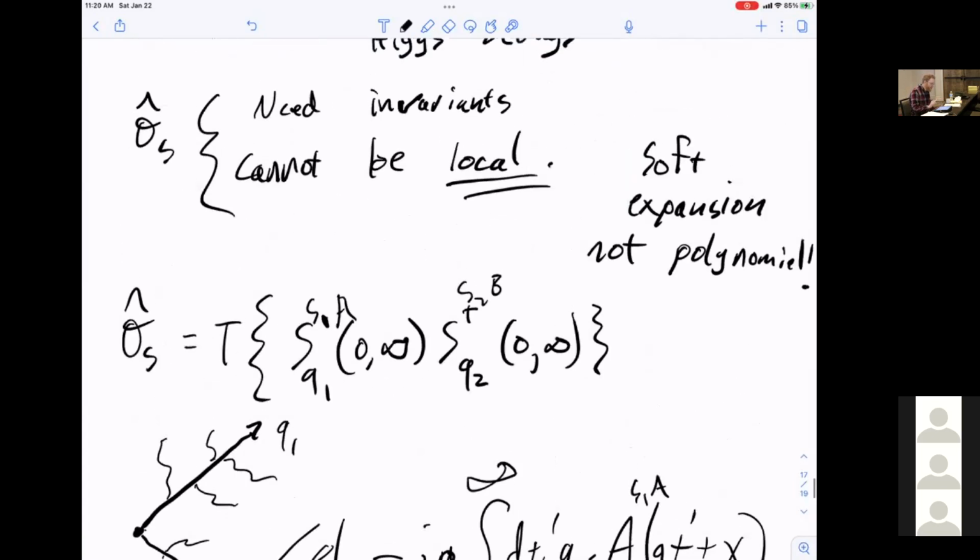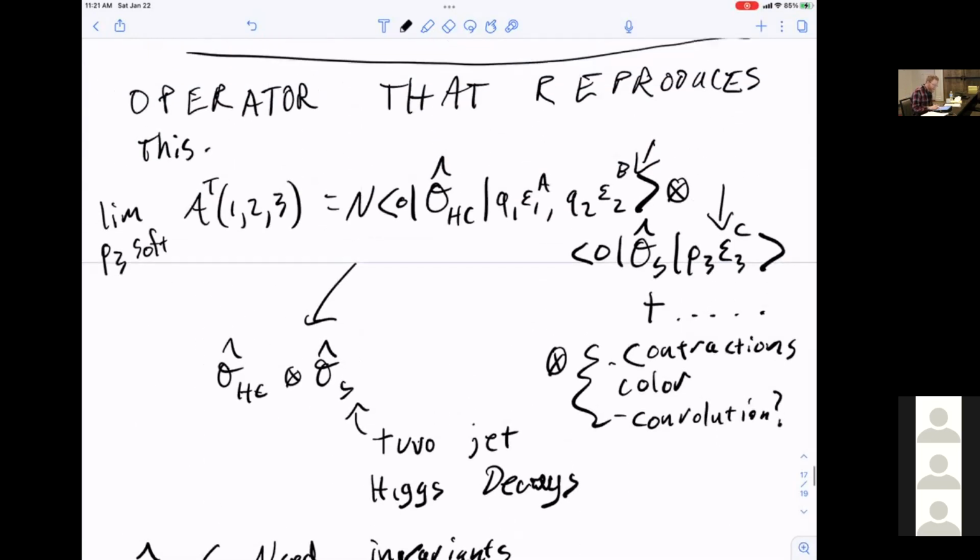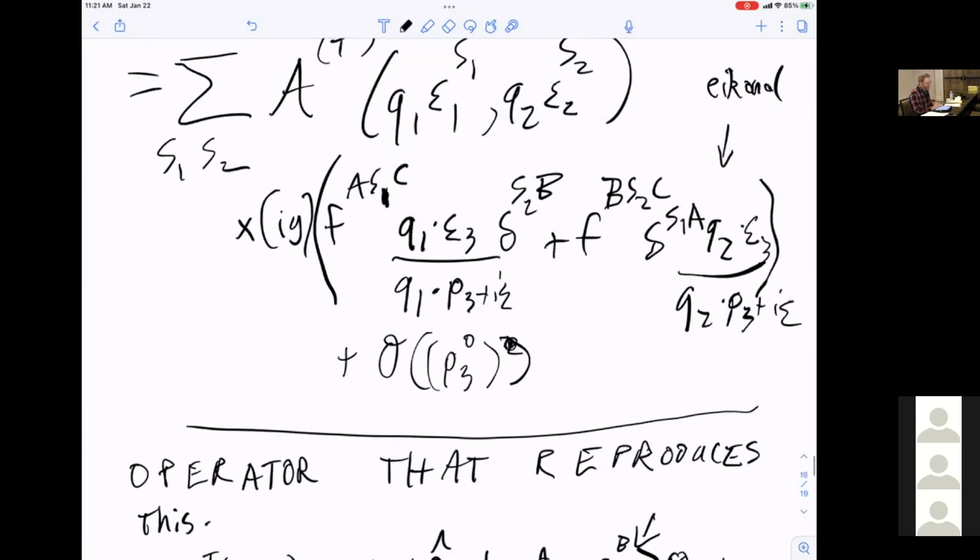I know to look for an operator like this because of two things. One, I looked at the expansion and I realized it could not be local. And two, I went through that long song and dance telling you how to build non-local invariants. So once you know how to build non-local invariants, you just start hunting. And what should you hunt for? Well, we can use a little bit of reasoning. My non-local invariant should depend on the direction Q1 and the direction Q2.